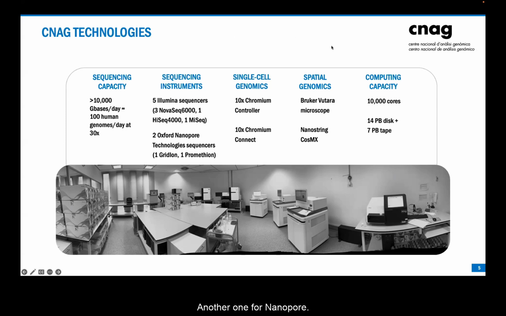Another one for Nanopore, and Nanopore arrived very early to the CNAG, so we have from the MinION to the GridION, and now a PromethION with 24 flow cells. Then we also have single cell genomics, the 10x Chromium, and some people do special genomics. Honestly, I don't know how they do this. I'm not very familiar with this technology.